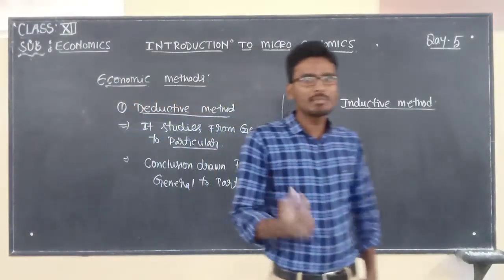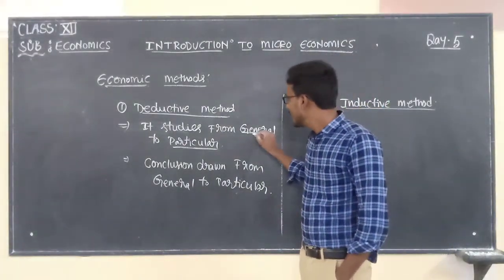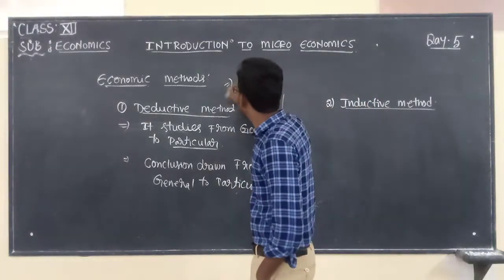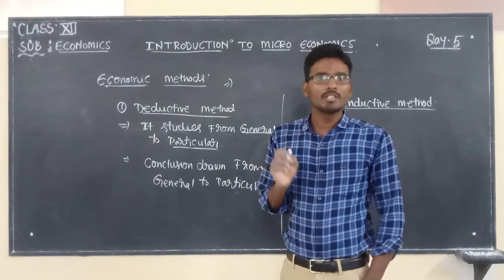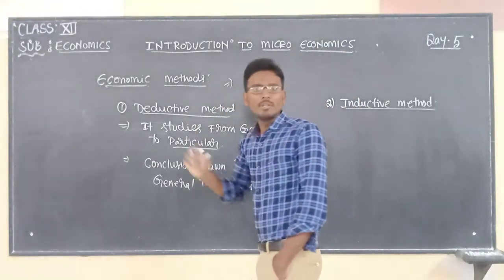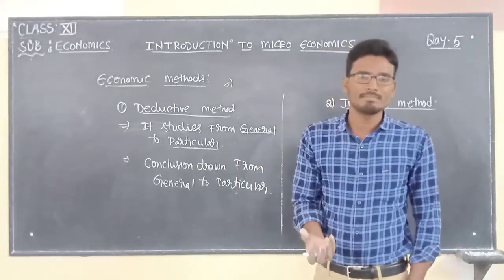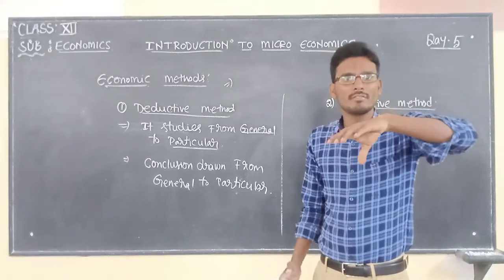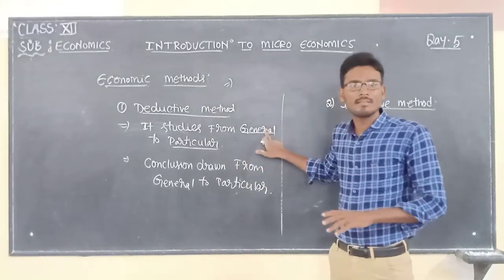So let me give a small example for the deductive method. Here I said general to particular, right? If I take an example, second PUC commerce students performed well. Here I made that point from a general point of view by keeping the complete class in my mind, that is general.